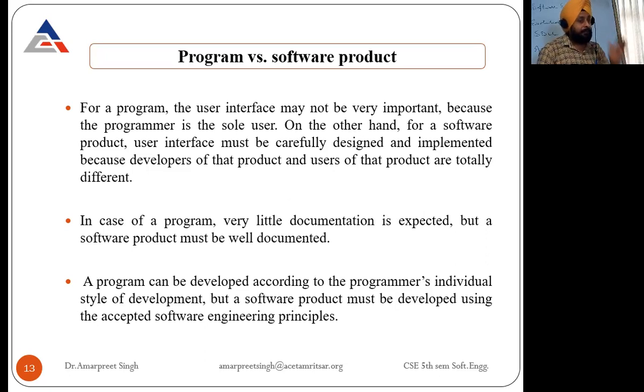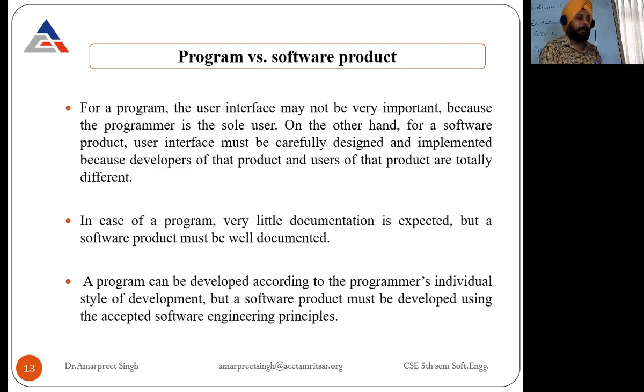A product is a container of many programs. Therefore, a product must be developed using accepted software engineering principles, and it has to be used by different types of users and different types of developers. So standardization has to be adopted.